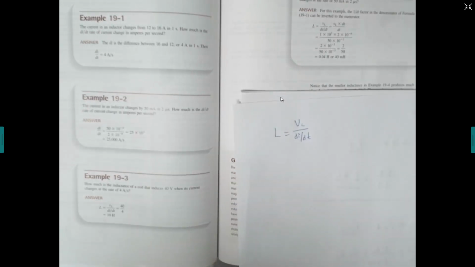So, according to the formula that we just learned about inductance, remember, the inductance equals the induced voltage divided by the rate of change of the current per second, right? So the example in chapter 19, example 19.3, says, how much is the inductance of a coil that induces 40 volts when its current changes at a rate of 4 amps per second?